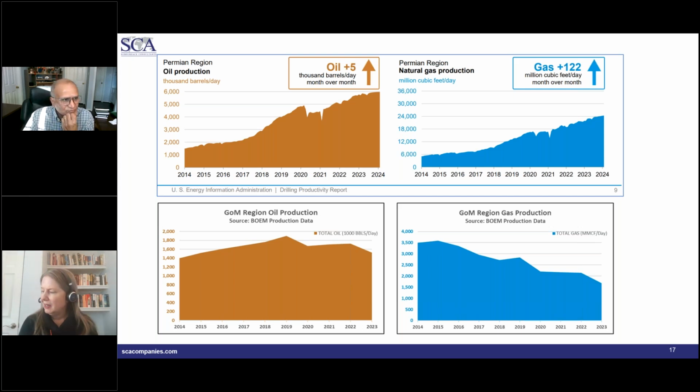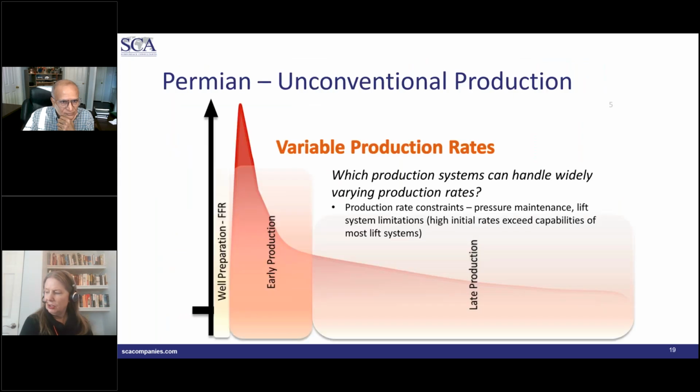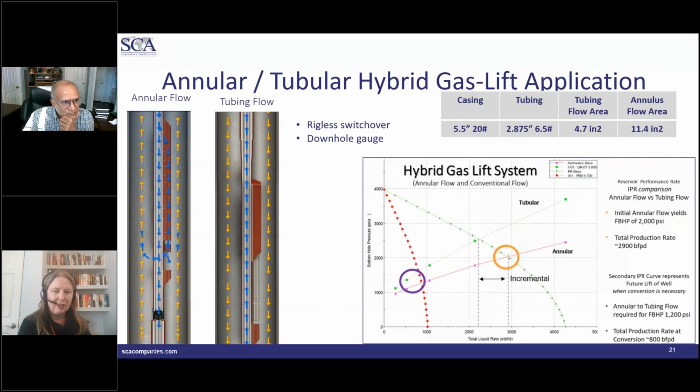Very good. And talk about the hybrid gas lift option, moving from the annular to the tubular over the life of the well. Is that more expensive to set up, or how does that work? Okay, so this is a valid consideration, that annular to tubular would be more expensive. Actually, not.